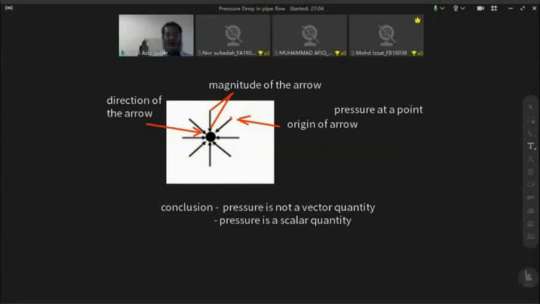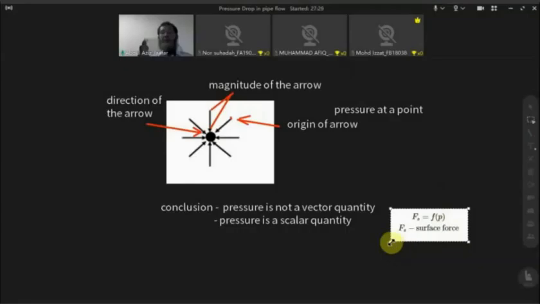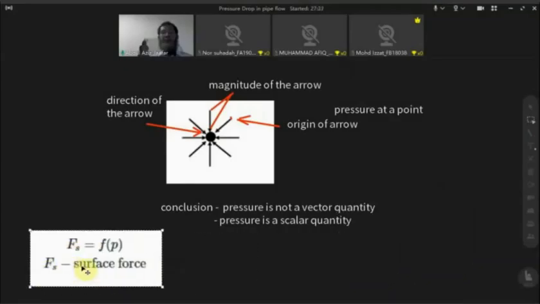Now we have to think about why we would like to represent the pressure acting normal to the surface of the body, right? It is because the pressure is a variable that can be used to determine the surface forces.